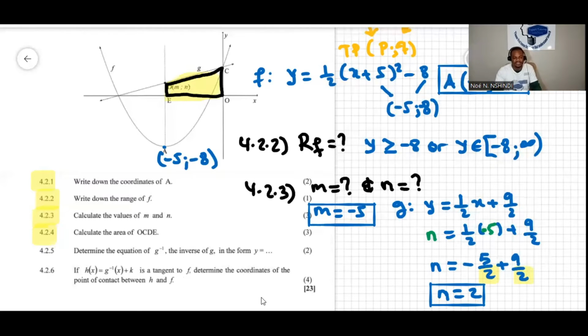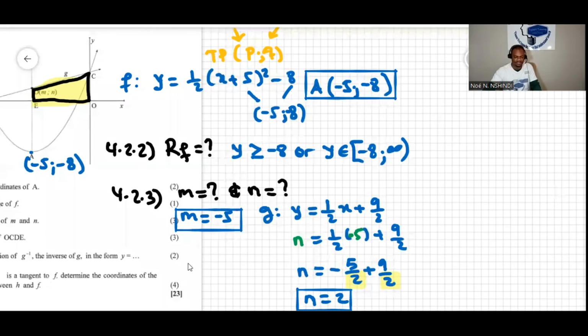How can we do that? It has the form of a trapezium. I think I need to reproduce the same diagram over here because this is where I will do it.